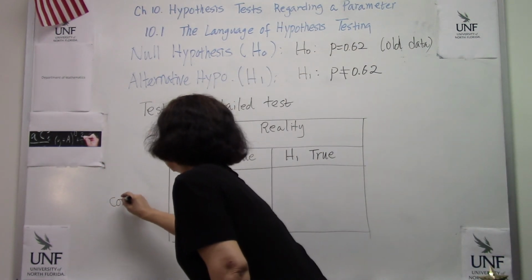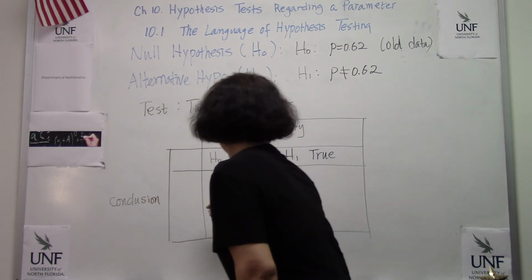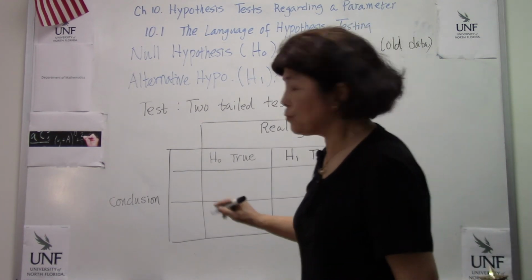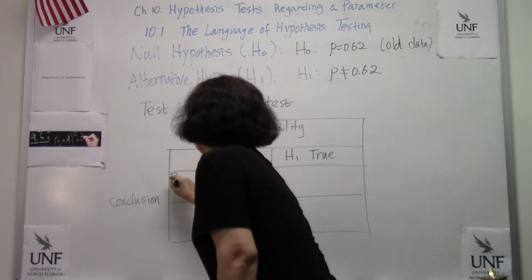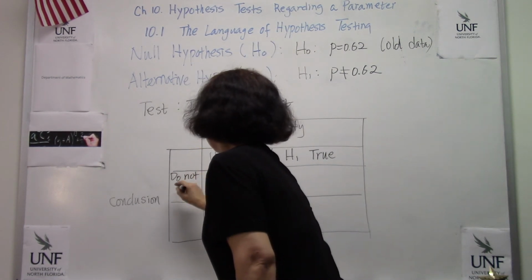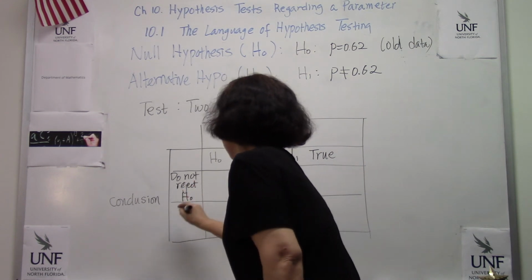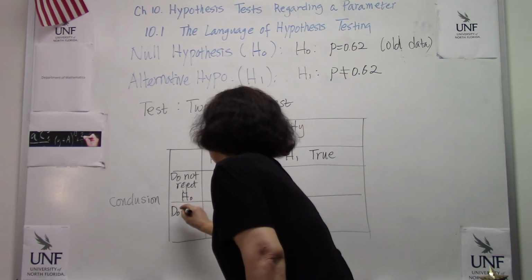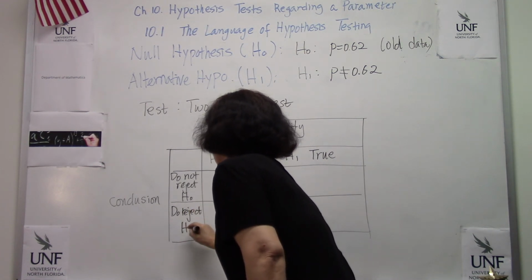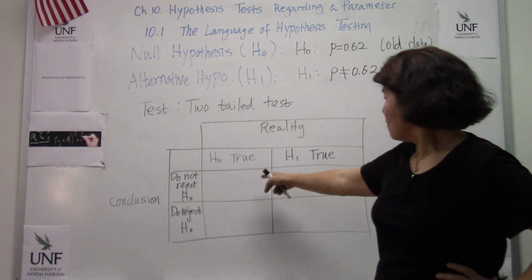Here is the conclusion. There are again two possibilities. The first one is we do not reject H naught, and the other is we do reject H naught. So there are four possibilities.